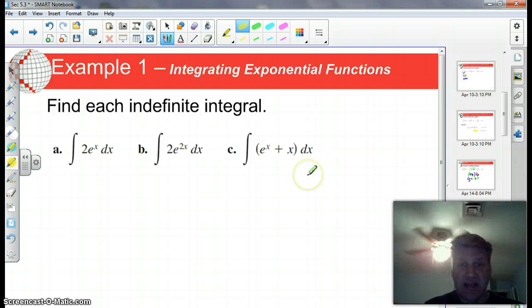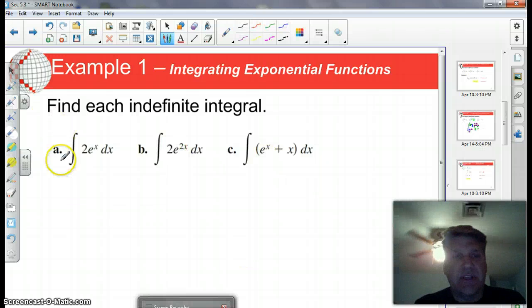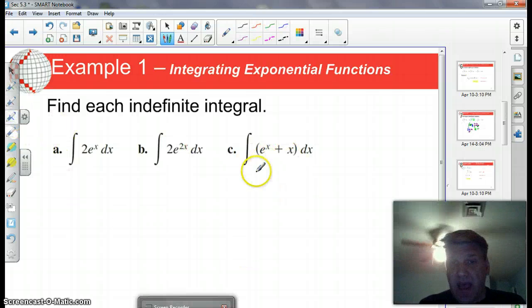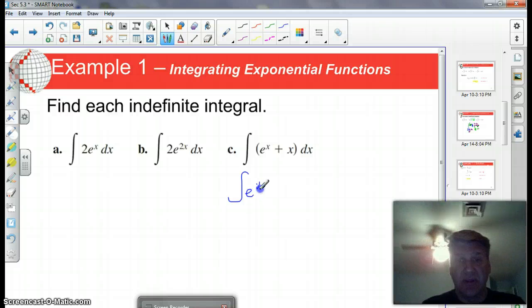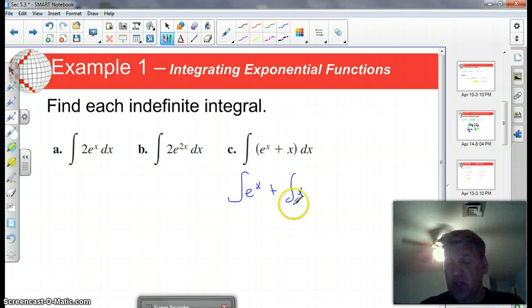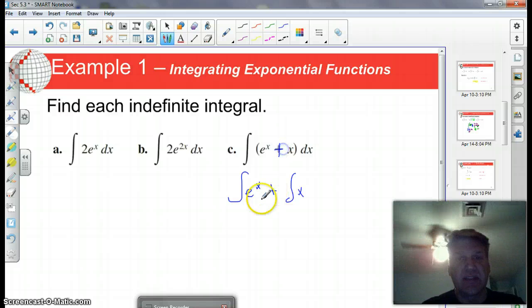For our third example, I notice that we have a sum, and the integral of a plus b is really the integral of a plus the integral of b. And so I'll really try to make 2 problems out of this one. Try to do that every time you see a sum. It's easier to break it up. So the integral of e to the x is e to the x.